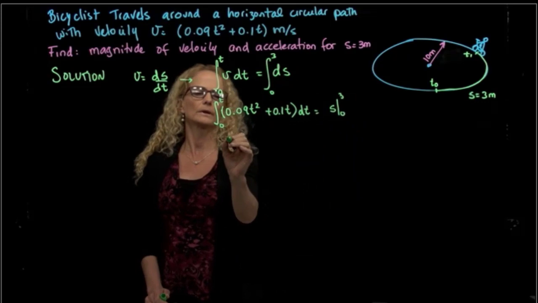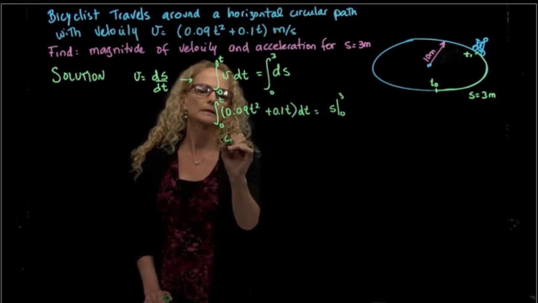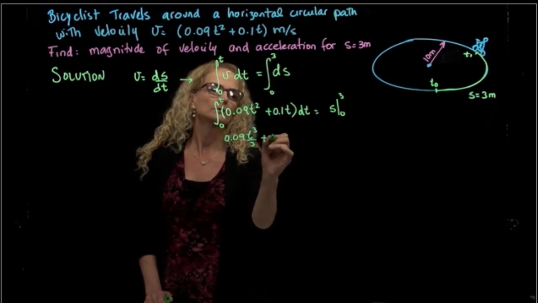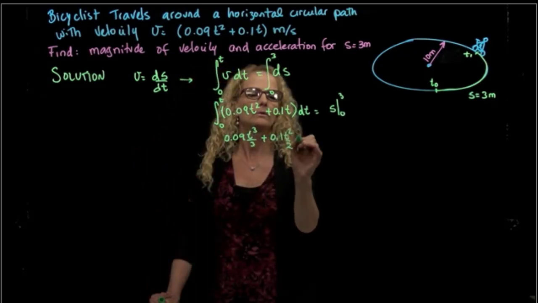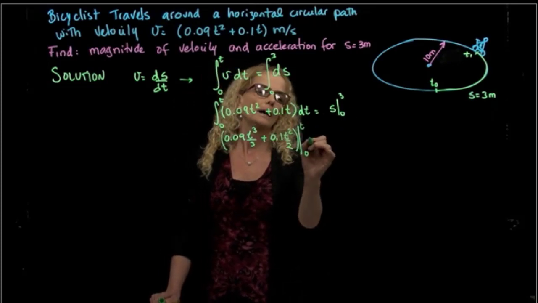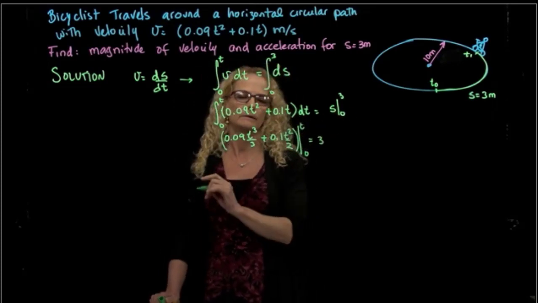Here we integrate this expression and we get 0.09 t cubed over 3 plus 0.1 t squared over 2, all evaluated between 0 and t, and s we can already evaluate.